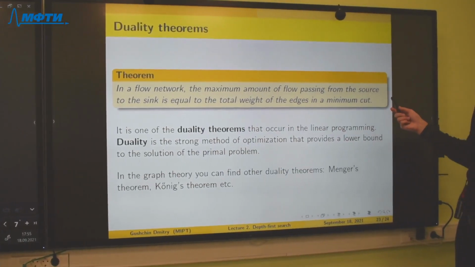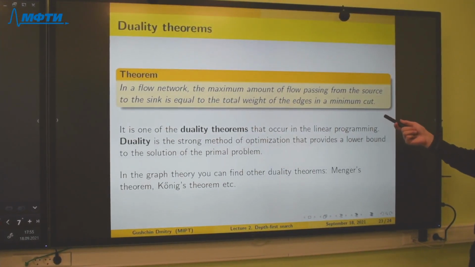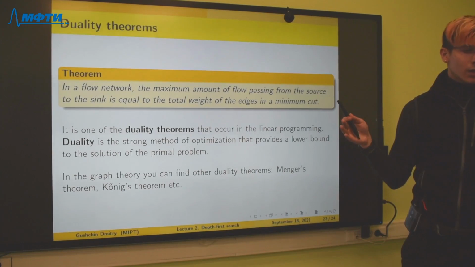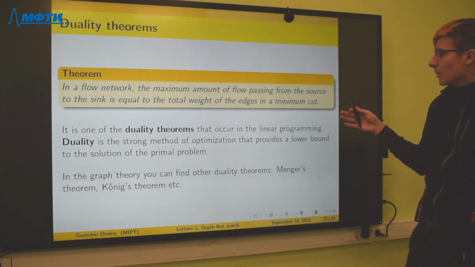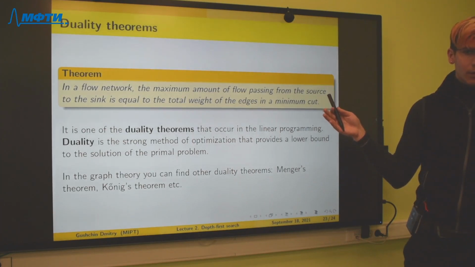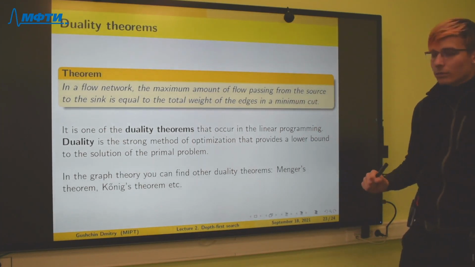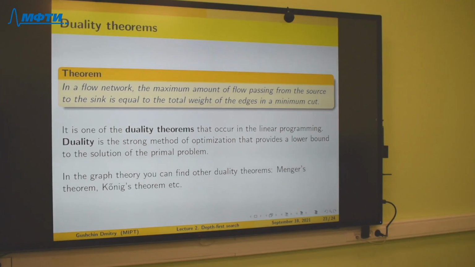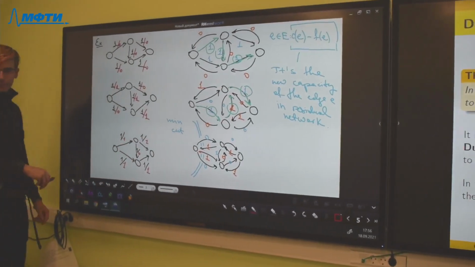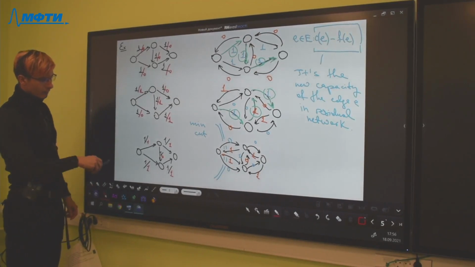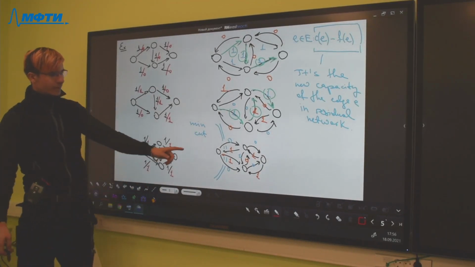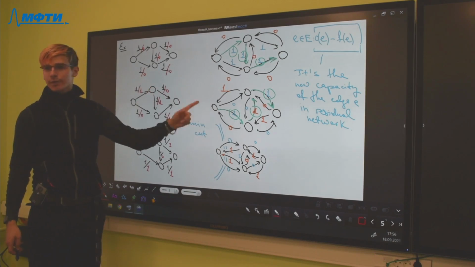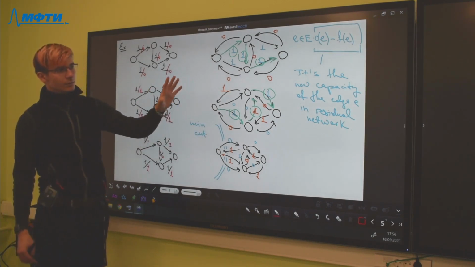cut, about flows and cuts, we say that if we have a flow network and we want to understand what is the minimal cut of this flow network, we can get the maximal flow, and then, as in this task, if we have the maximal flow that goes through the graph, we say that we can get the minimal cut, and it is a true duality between two tasks.